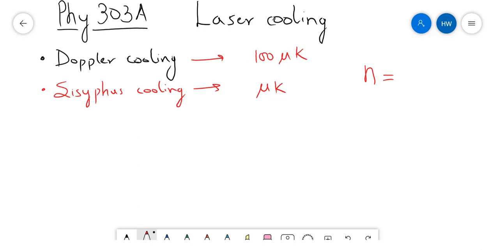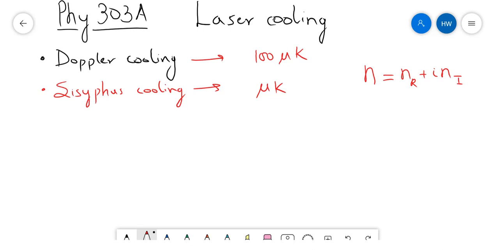And this refractive index can be considered as a complex number, where the real part deals with dispersive properties, whereas the imaginary part deals with absorptive or dissipative properties. So let us just look at that quickly again.